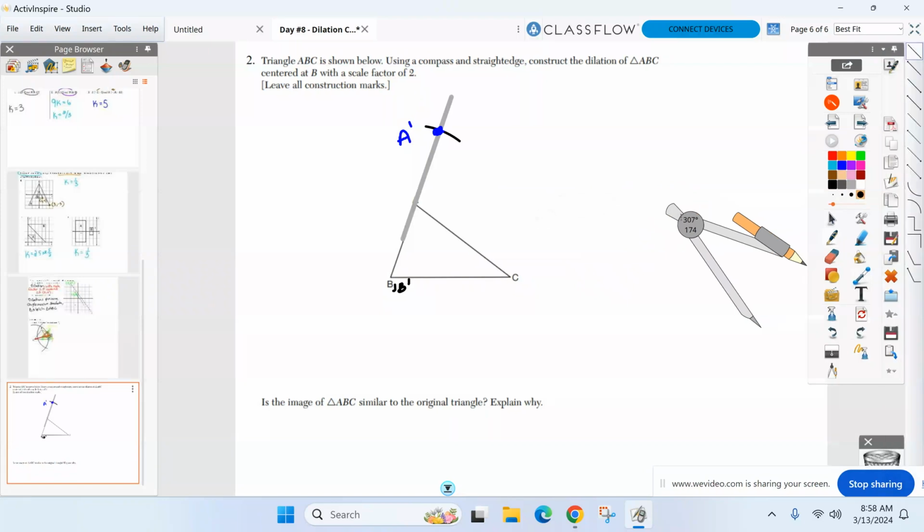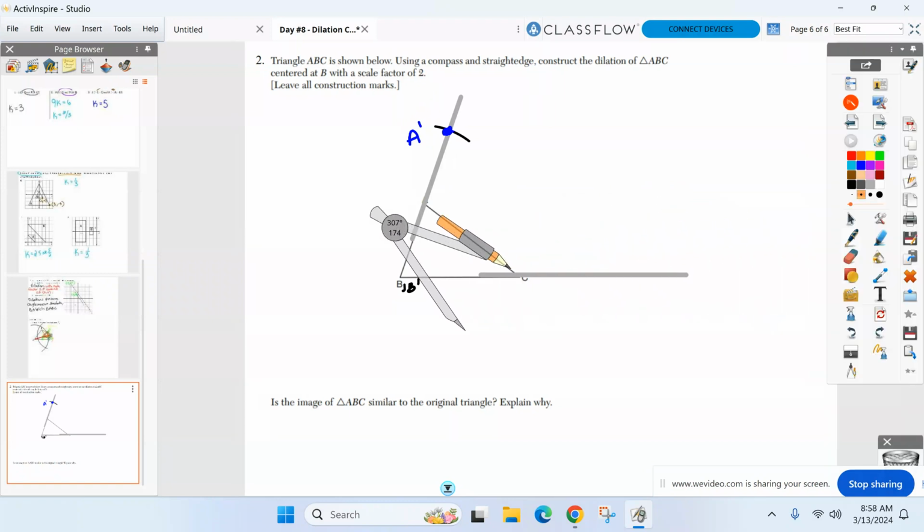Do the same thing for C now. Double the distance away that point C is. Measure the distance from B to C, then double it.